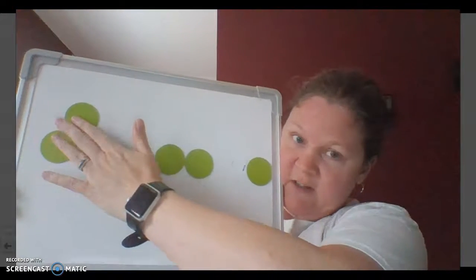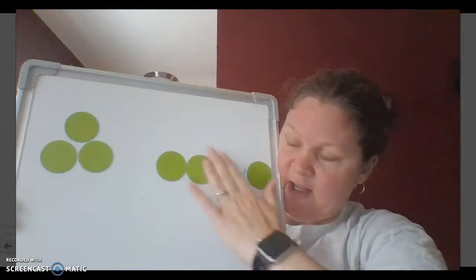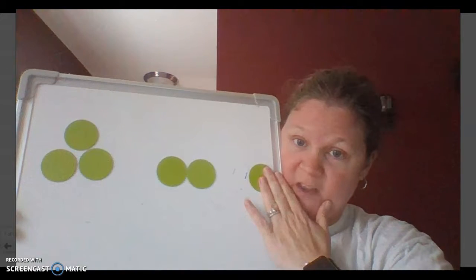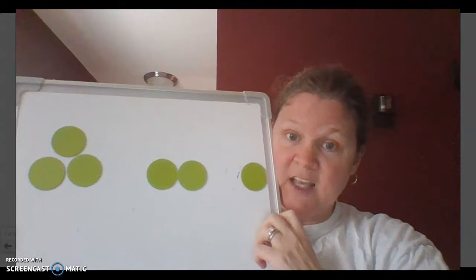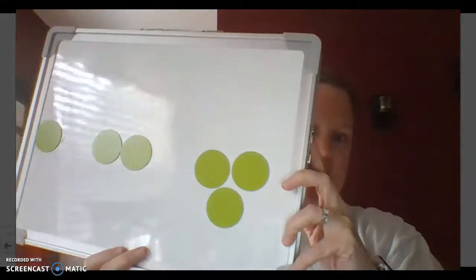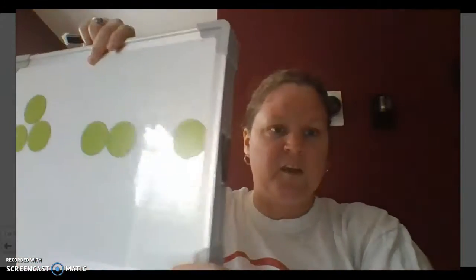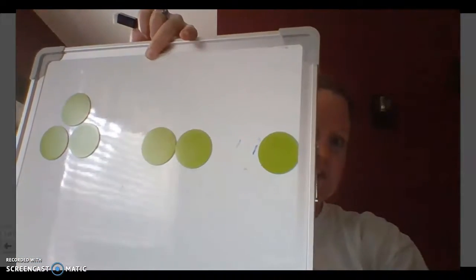So I go greatest, 3, 2, 1. So it got big and ended up with the small one at the end. So that's how we order from least to greatest, smallest to biggest, or greatest to least. Okay?